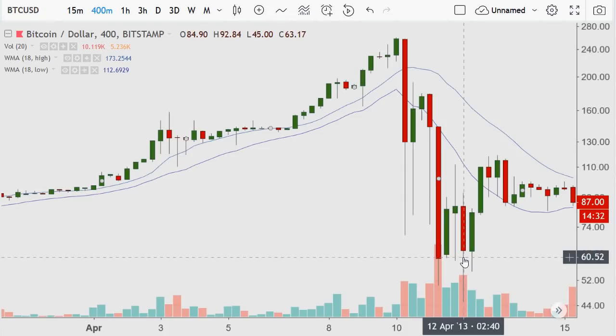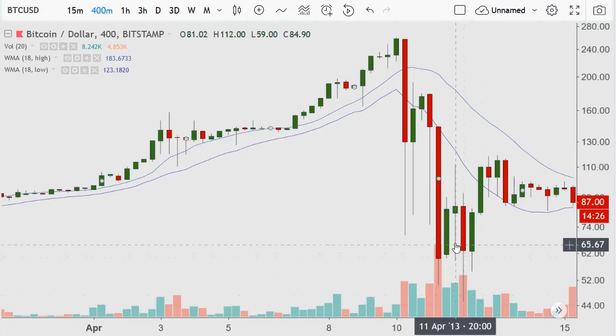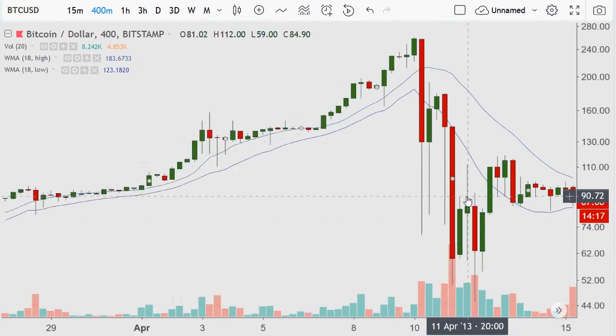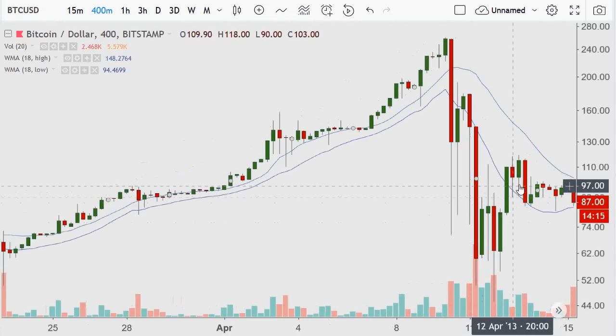Now, what's important to note within this is Bitcoin's not going to be moving up and down like this again, at least not until it has some sort of major news. And I mean really major to get at these levels.